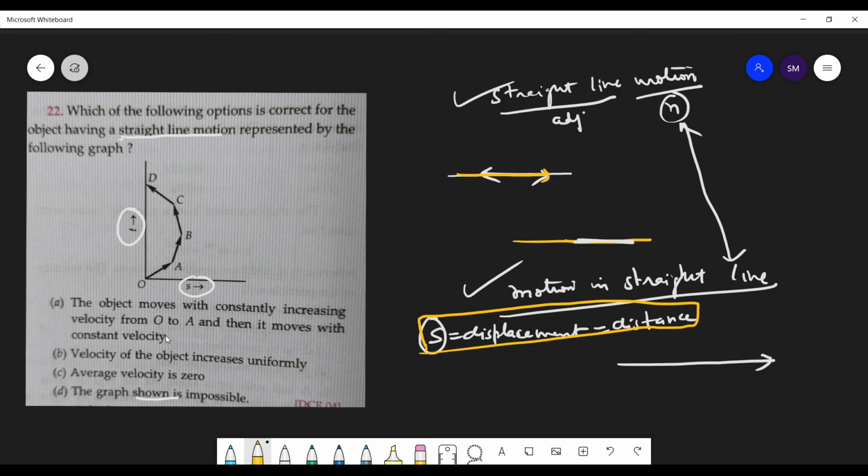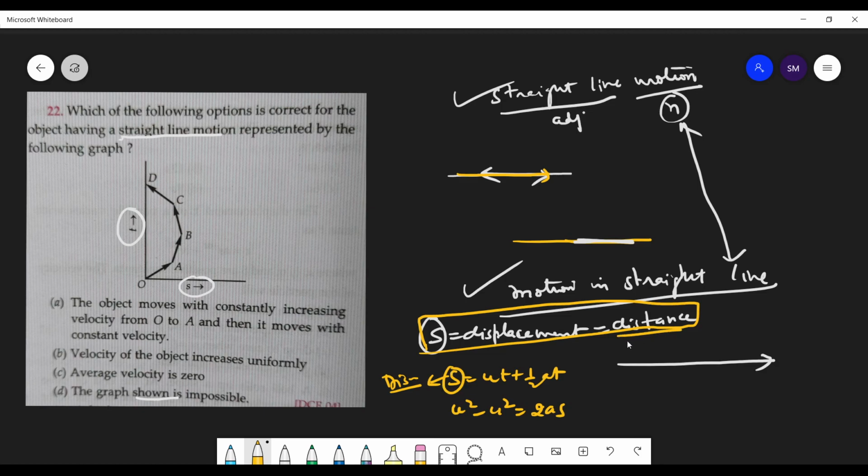Okay. So if S, see in all the formulas S is equal to ut plus half at square, v square minus u square. So are we taking distance or displacement? Displacement. In all these questions, I have told many times that this is displacement. Every time this is displacement.